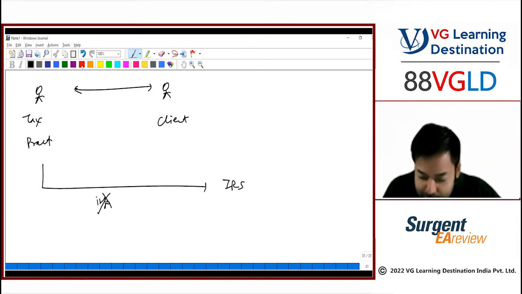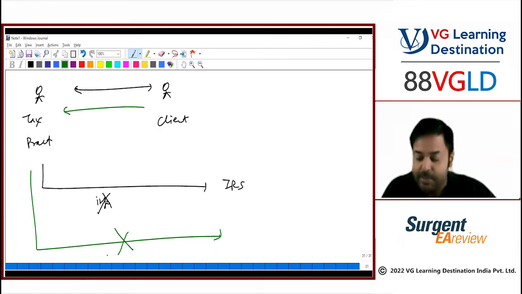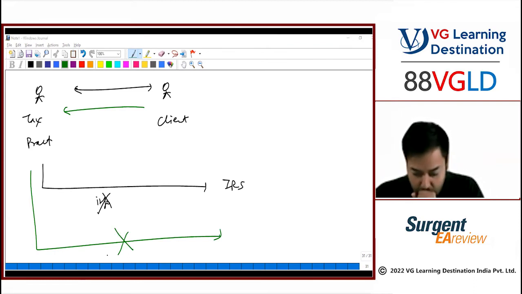Whatever the client is sharing with you, you should not give to the IRS. That's the basic meaning of privileged information. Let's see it from the book.